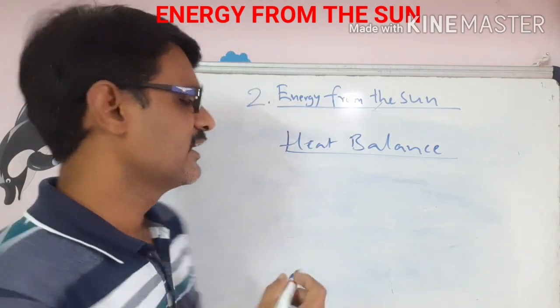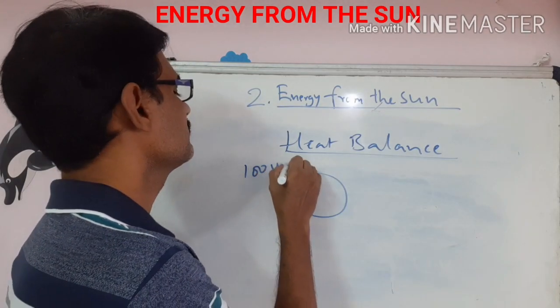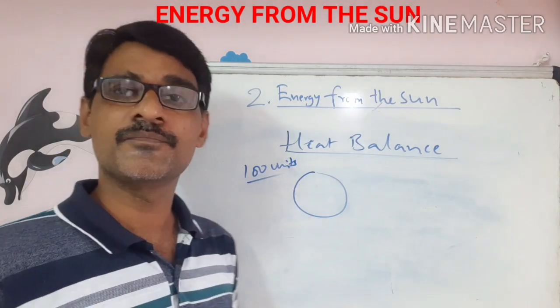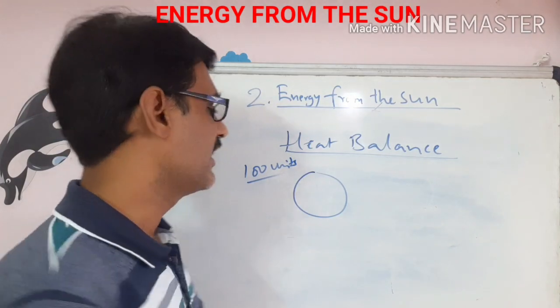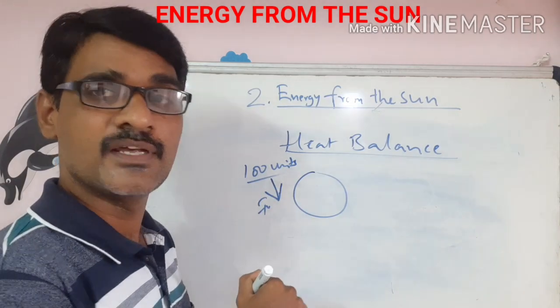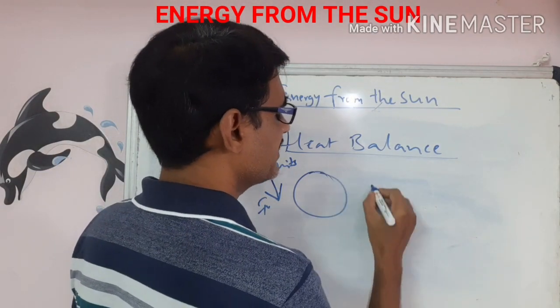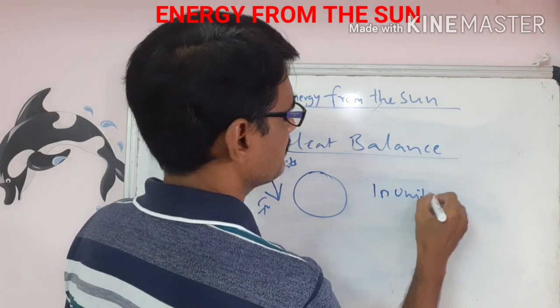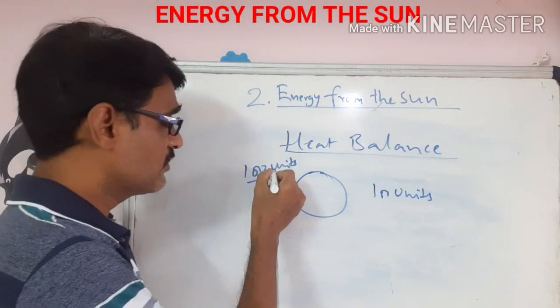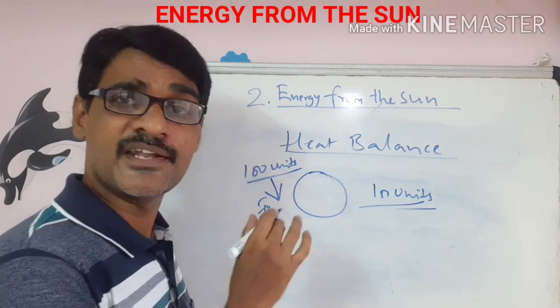For example, the earth is receiving 100 units of solar energy, the incoming solar energy, insolation, is 100 units, and the earth's terrestrial radiation is also 100 units. It means incoming solar energy 100 units, outgoing energy also 100 units.